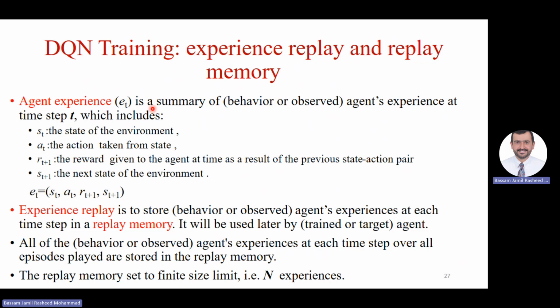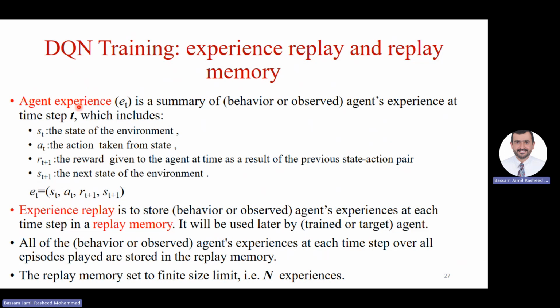So agent experience is a summary of the observed behavior at step time t. When we observe this behavior policy, I will sample experiences, call them e_t. From that, I will sample the state, the action that the behavior policy took, the reward that was generated by the environment, and the next state. Now, experience replay is a store.